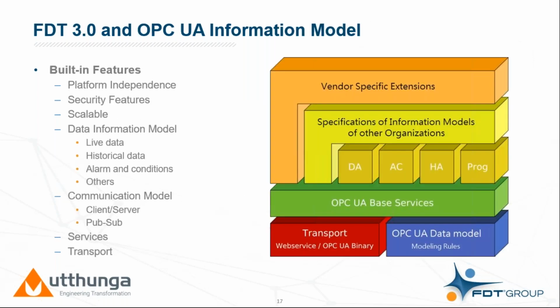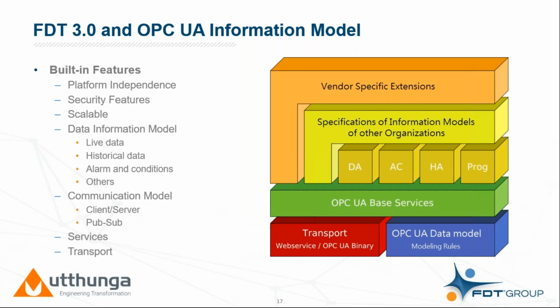So how we did this, if you're familiar with OPC UA, just briefly, this is the model that we use to be able to map the information that's available from the FDT standard into the standard data models that OPC UA requires so that all clients are capable of accessing that data.